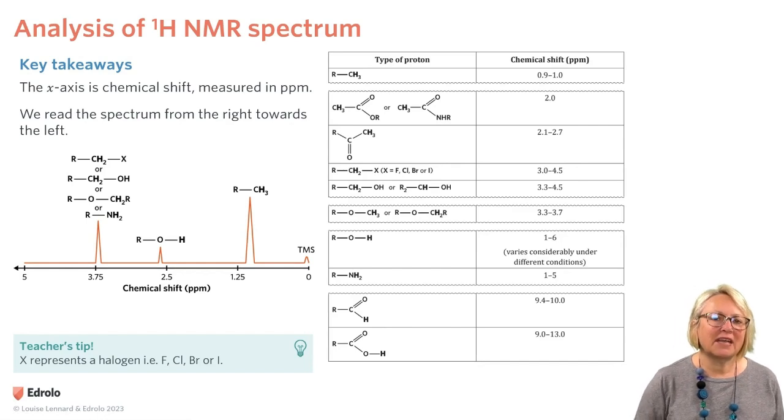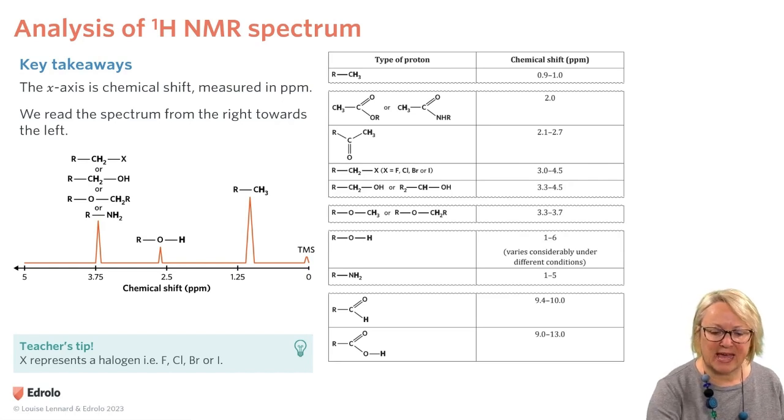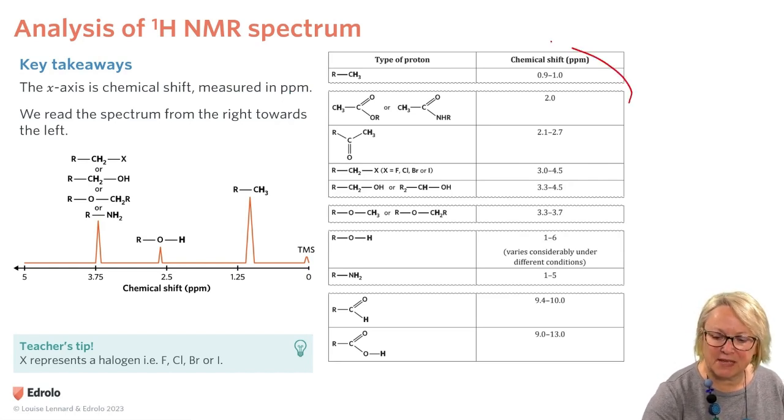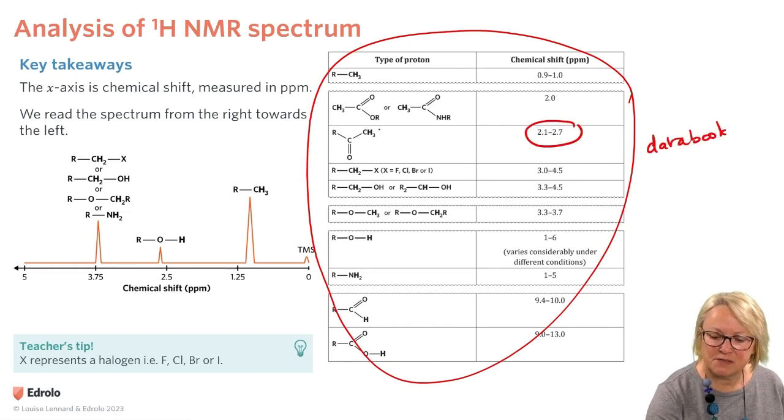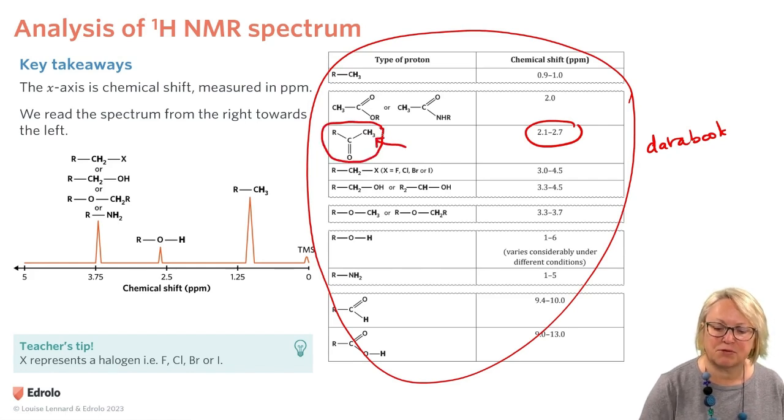Okay, so when we're analysing proton spectra, we want to look for splitting. That tells us that we've got high resolution NMR. We also want to look at the chemical shifts and relate the chemical shifts to the data book, using for our justification the chemical shift range. So we could say that in this case, the hydrogens in this methyl are attached to this carbonyl group.